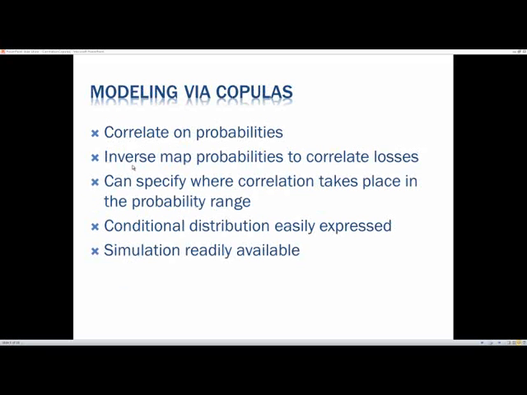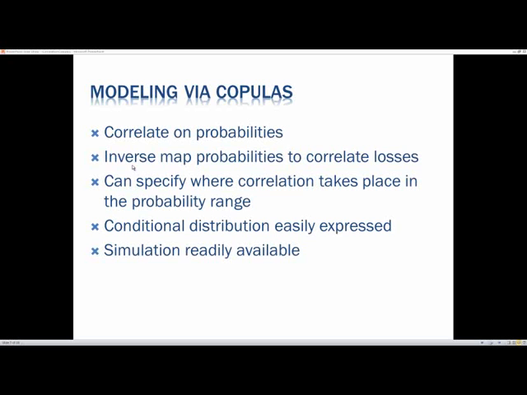So, modeling with copulas. Copulas enable you to correlate on probabilities. You can inverse map probabilities to correlate losses, so this is really useful in the insurance industry. You can specify where the correlation happens in a probability range, so we'll look at that in a second.